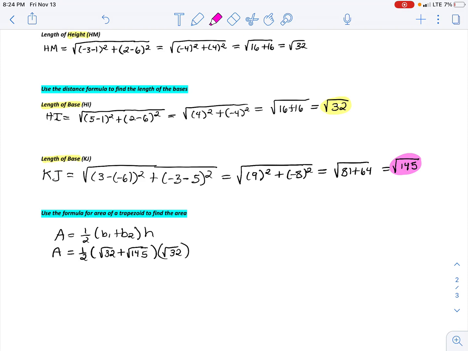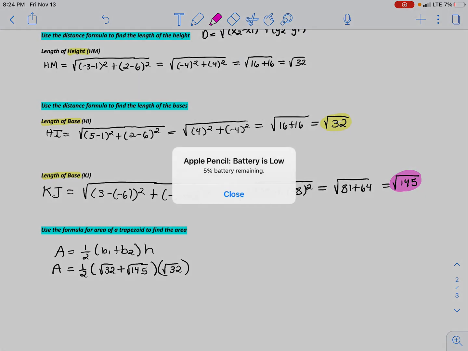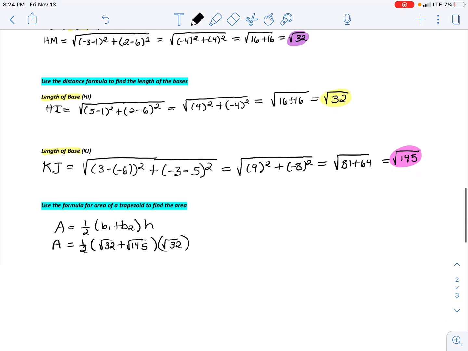You basically just want to add together the bases and then multiply that by the height and then times 1/2. And then here was my height. And so you could get an approximation for this value using a calculator, or you could just leave it in this form.